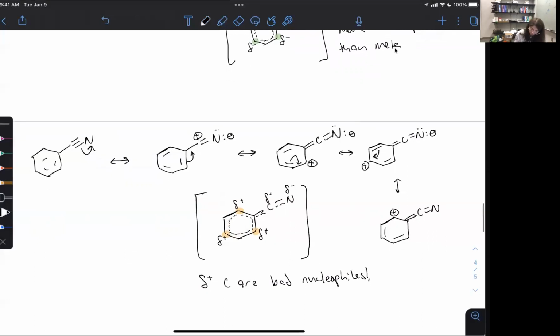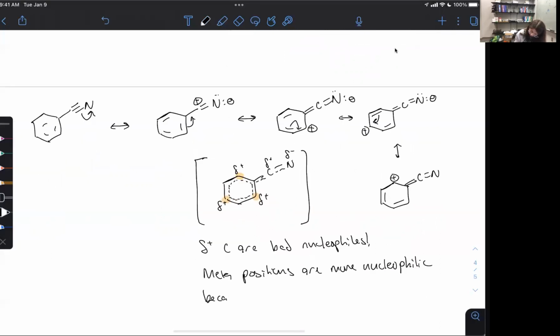Okay, so the meta positions here are more nucleophilic, because they don't have a delta positive.